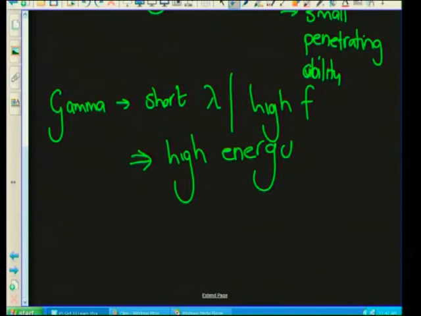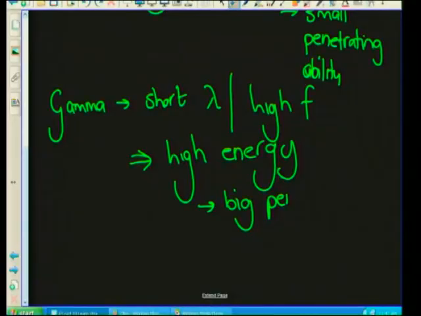And that high energy gives it a large penetrating ability. A good way to remember this is that frequency and energy are very closely related to each other. So if a wave has a very high frequency, it has a high penetrating ability. If it has a very low frequency, then it has a very small penetrating ability. Okay? Last one for now.